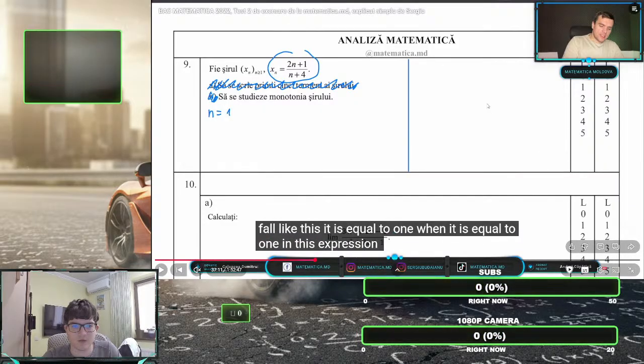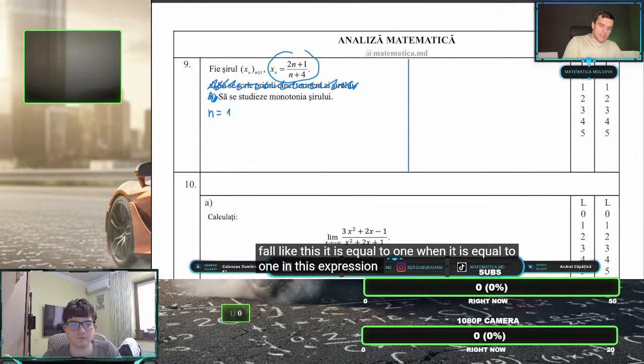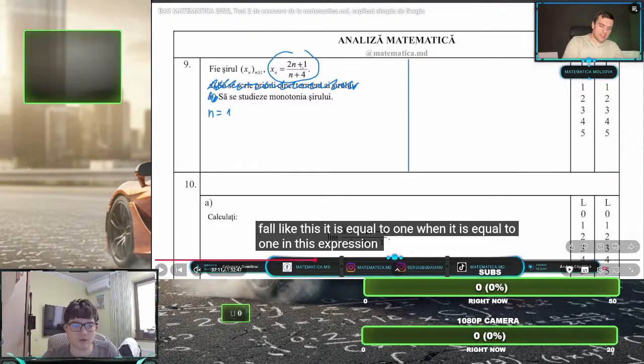So it's this exercise number 9. Basically, you have this x and must be equal or higher than 1. Like here above, you just put instead of n a 1, you get a result. You do the same thing with 2.